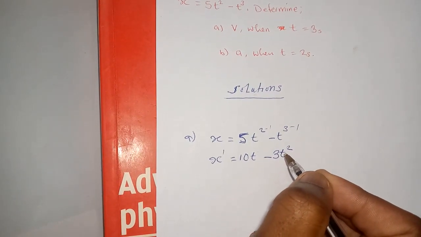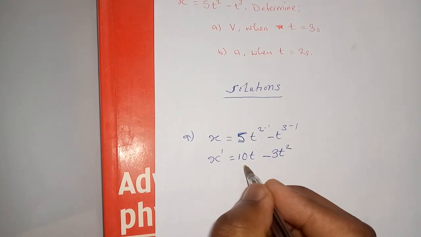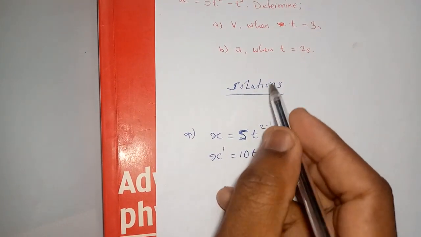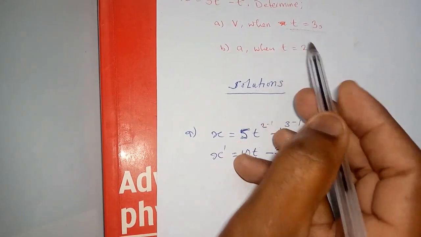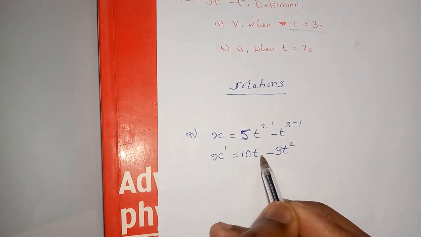So at this stage we're now going to get our t, which is 3 seconds here, and put it where this t is.